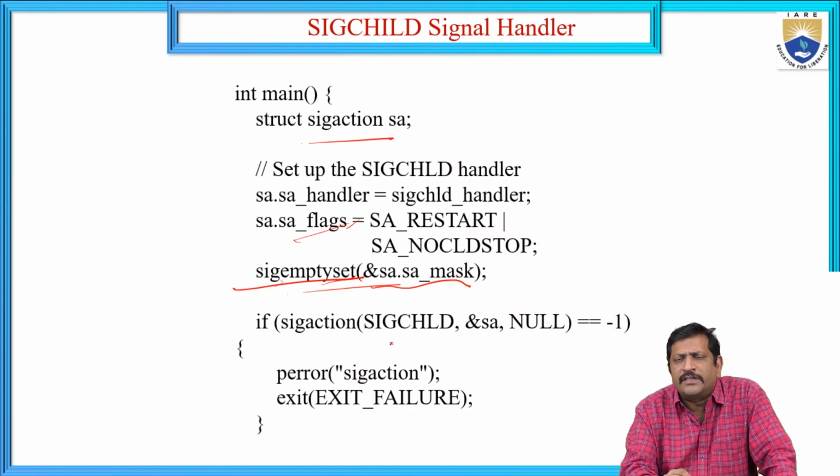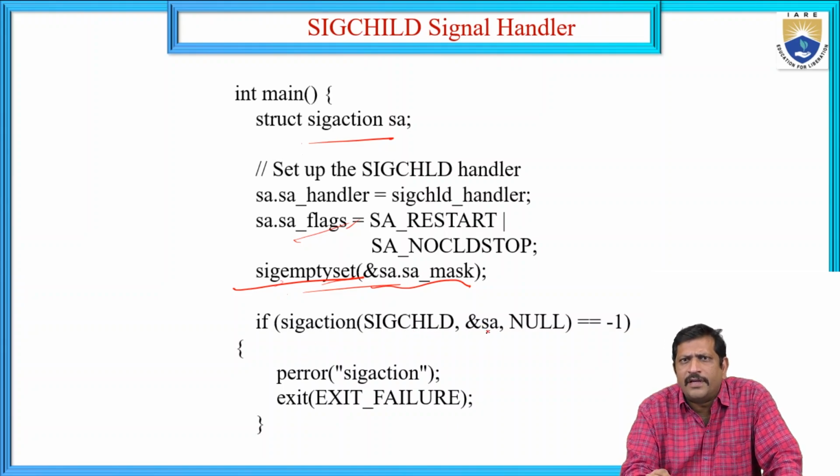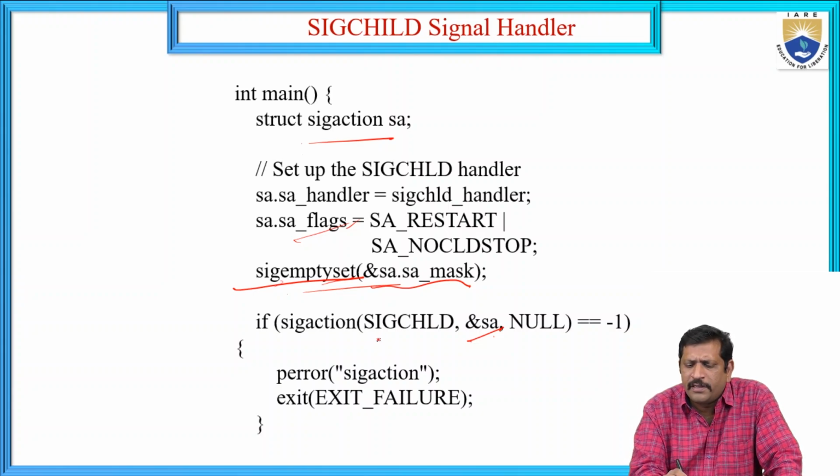If the signal action is for SIGCHLD, ampersand sa means here which is addressing. But where is it addressing, that means for whom it is addressing, that particular client, depends upon the SIGCHLD, processor or the SIGCHLD null.